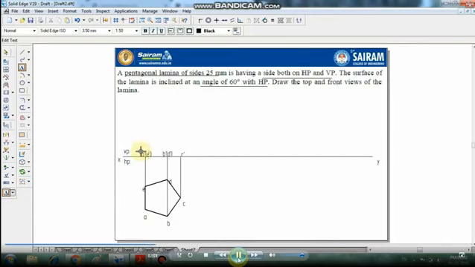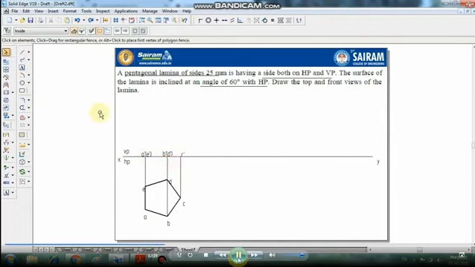So the side: select the line command, draw this and this. We can select and make it a 0.5 mm thickness.